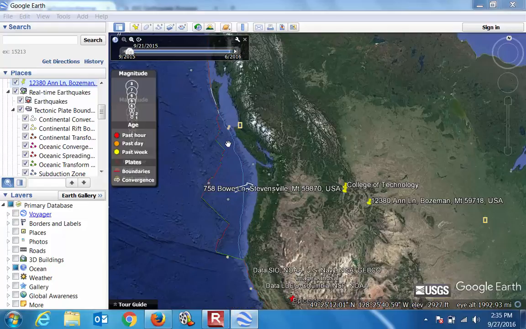Then you see the red, the oceanic spreading, and the green is the transform. What's important is that these are not always just one great big subduction zone.